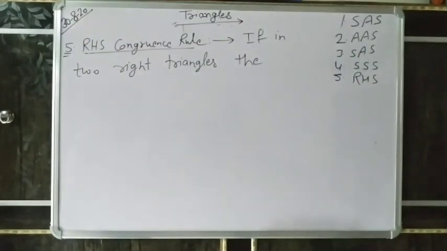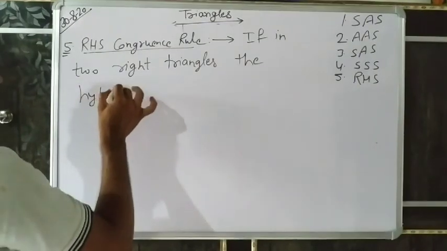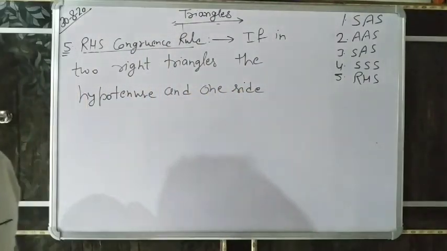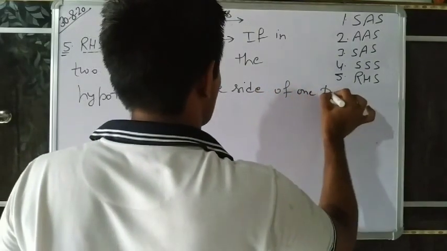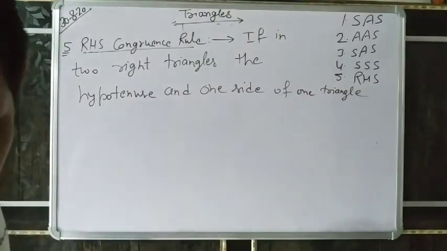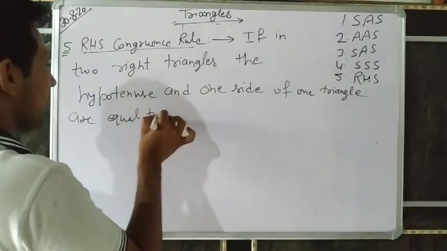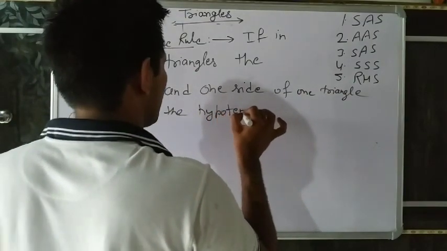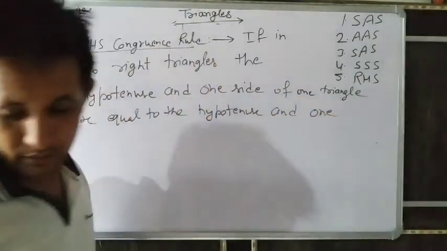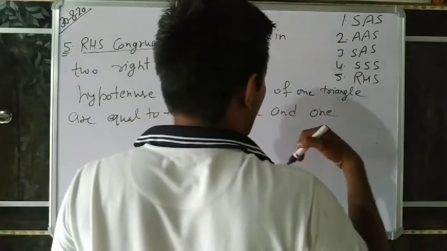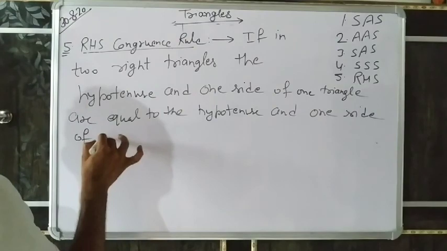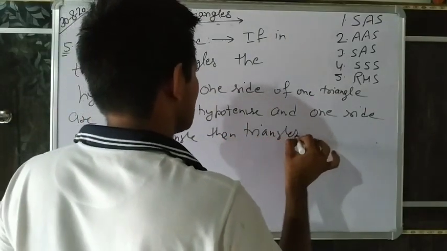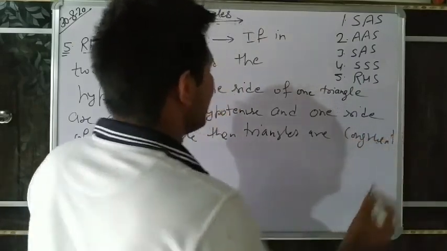If in two right triangles, the hypotenuse and one side of one triangle are equal to the hypotenuse and one side of another triangle, then the triangles are congruent.